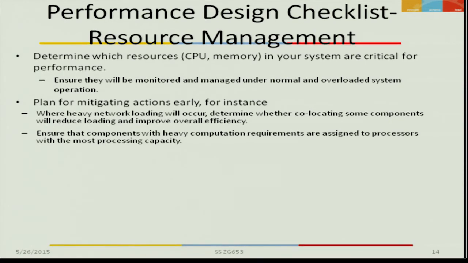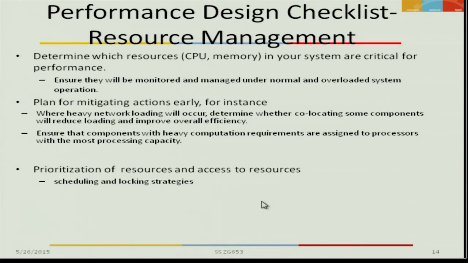For example, when heavy networking load occurs, and you find that's what happens most of the time, in that case you can redesign. You can collocate some of the components so that the load on the network is reduced, or you can ensure that the components with heavy computation requirements are assigned to processors which have very high processing capacity.